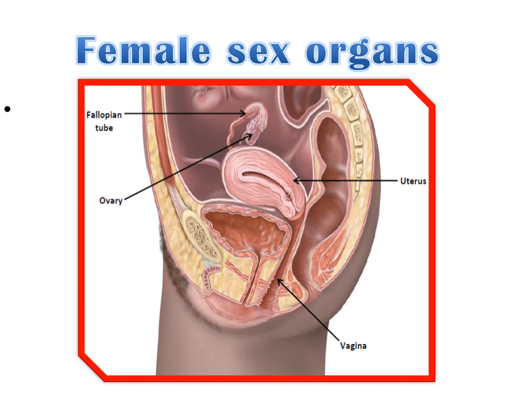If we need to compare the major differences between male and female sex organs, accessory glands in male sex organs play a very important role in the formation of seminal fluid, while the action of accessory glands in female sex organs is so limited.